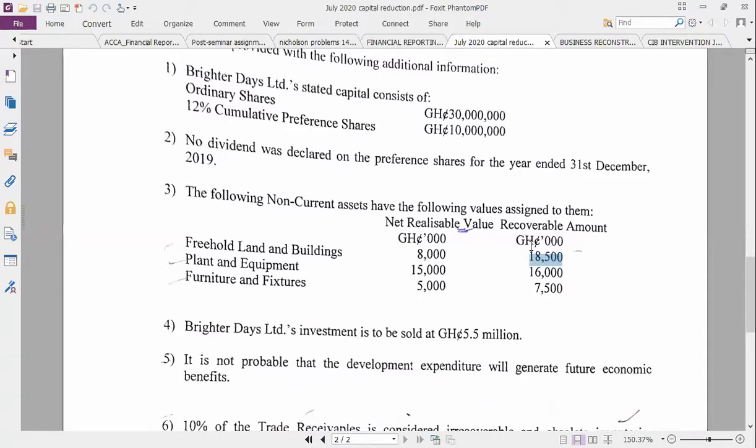Freehold land and building 18,500. Then plant is 16,000. Then furniture and fittings is 7,500.